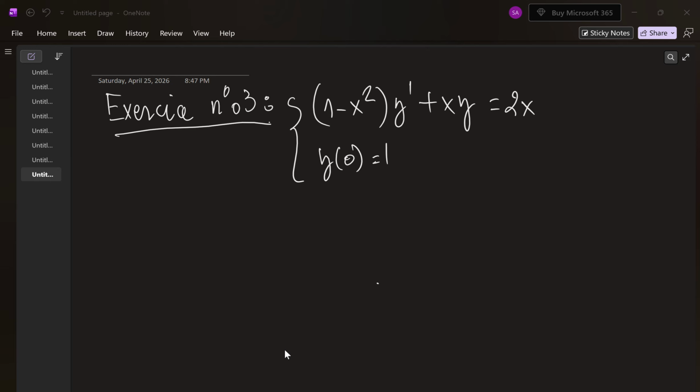So we continue. We will use our second method, then we go back to the first method. Actually this is a first order differential equation.